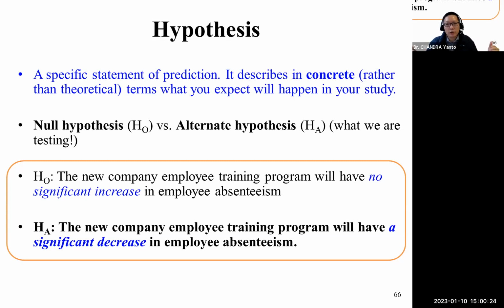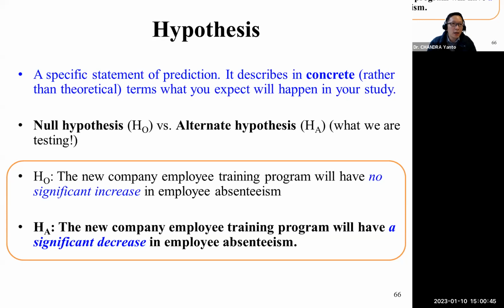And for every alternate hypothesis, there is a null hypothesis behind it. When you have an alternate hypothesis that says the company training program will decrease absenteeism, the null hypothesis is that there is no relationship between the training program and absenteeism.